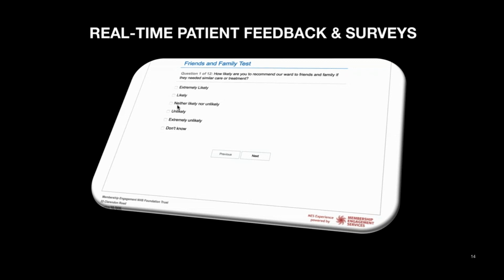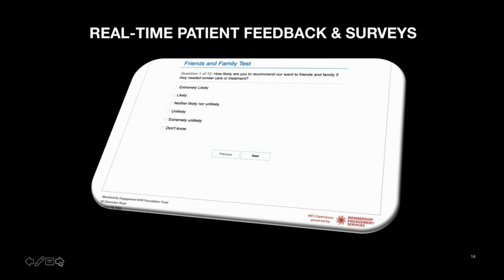In the US, there's the HCAHPS question set. The Picker questions are used in the UK, and family and friends are used in Europe. And in Malaysia, for example, they use SEQUAL. So there are many different questionnaire types being used in different countries around the world.